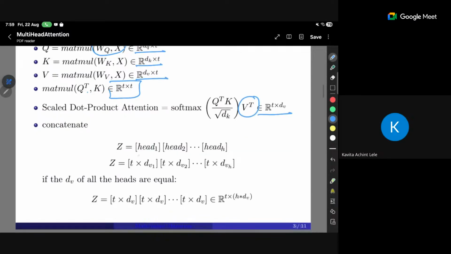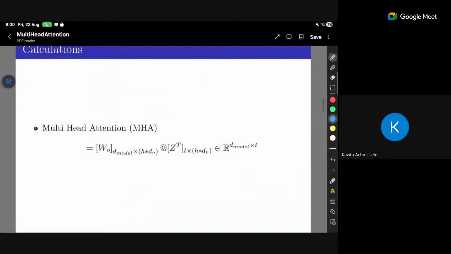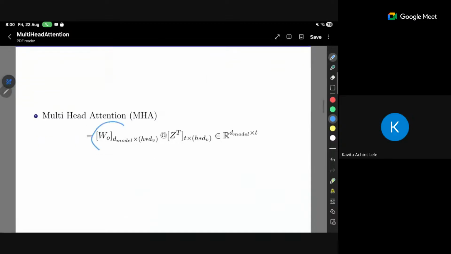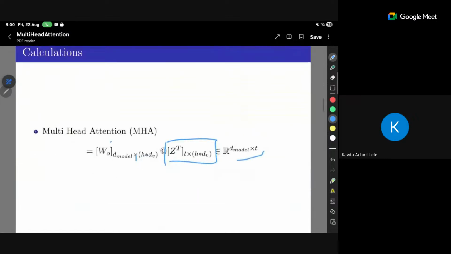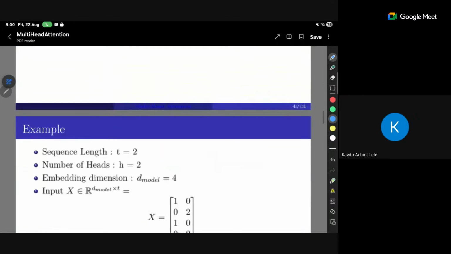Multiple heads will produce the same thing, t cross dv1, t cross dv2, and you are going to concatenate them. So you can see why we are getting this t cross h into dv. If it was different, then you could have added all of them. Then finally we have this wo that we multiply with whatever you got here. So earlier this z, whatever you got, you multiply that, and that's what multi-head attention is.